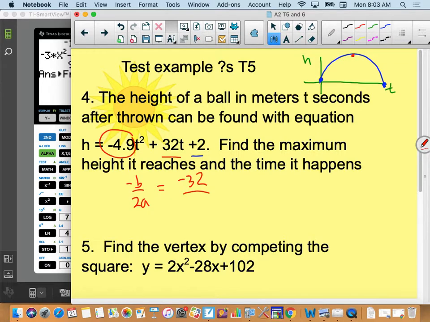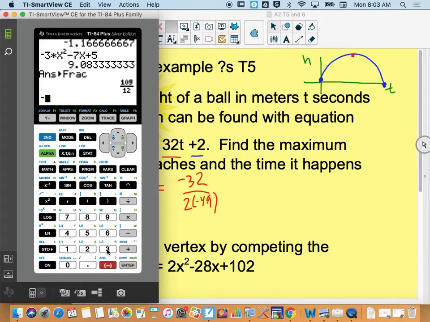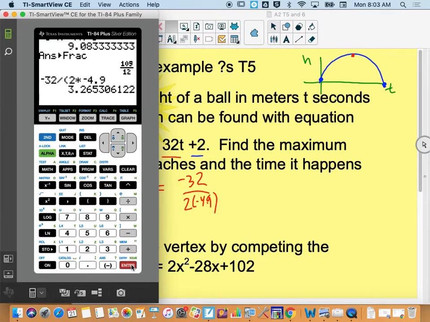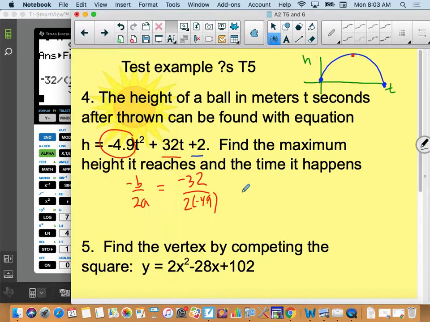Negative 32 over 2 times negative 4.9. So that's going to give me my x-coordinate. I'm going to have to put the 2 times 4.9 in parentheses, so I end up dividing by all of that, not just the 2. So that's the x-coordinate of the vertex.